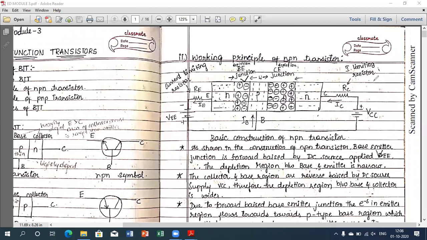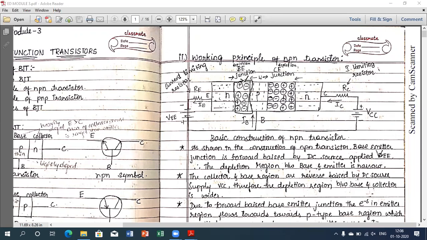As we discussed, emitter to base is forward biased. So the depletion region between emitter and base is narrow.